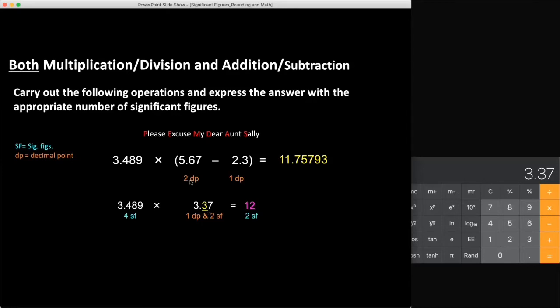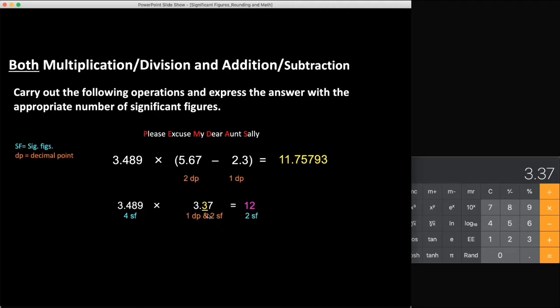Then I'm going to go ahead and start keeping track of how many decimal places I would need for that subtraction part. 5.67 is 2 decimal places, and 2.3 has 1 decimal place. So I know I'm going to need 1 decimal place, so 3.3 with 2 sig figs. That's what I keep track of when I'm going to my final answer.